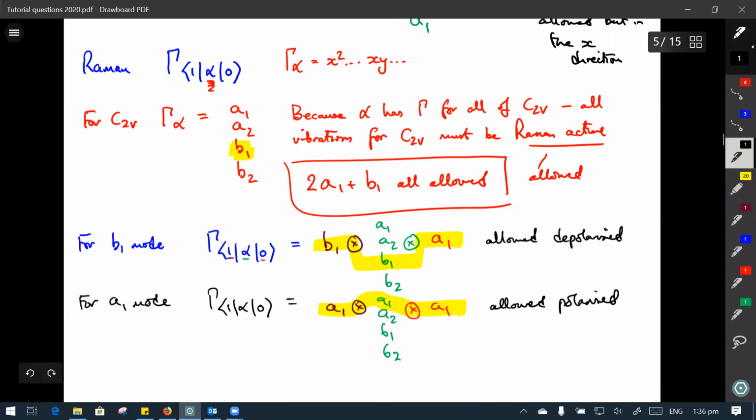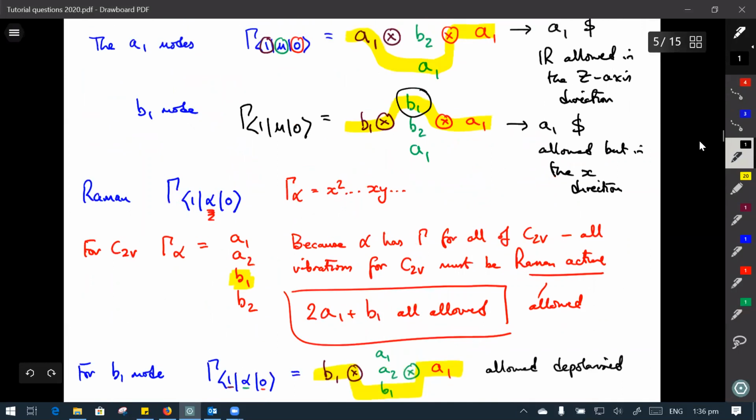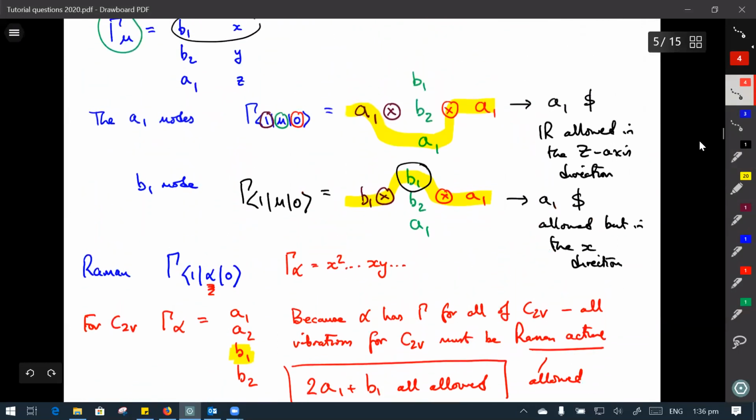I'm just going to check what the chat message was. No, the B1 doesn't correspond to a particular axis. That's a really good question. In the case of the infrared, because it's linear, it's easy to associate the symmetry species with a particular axis.